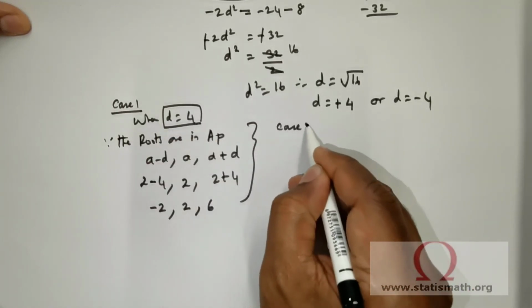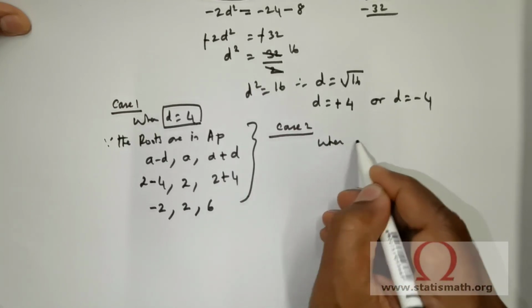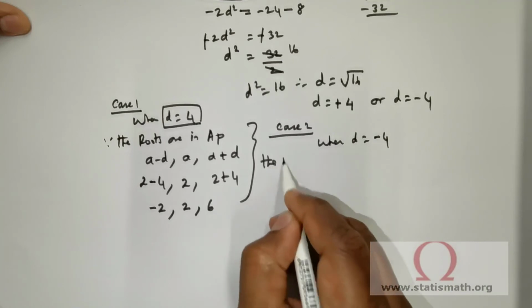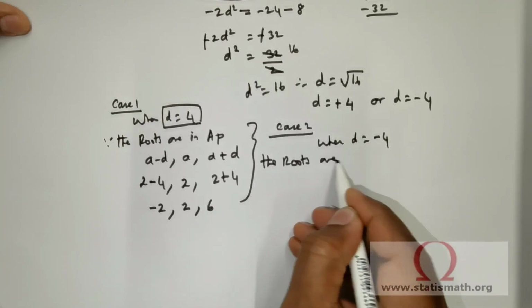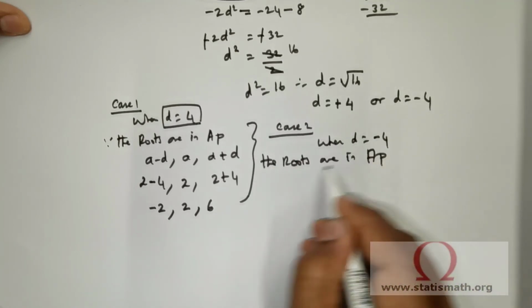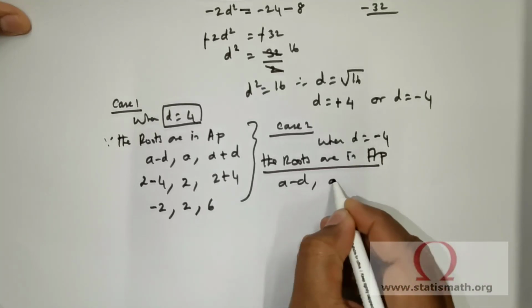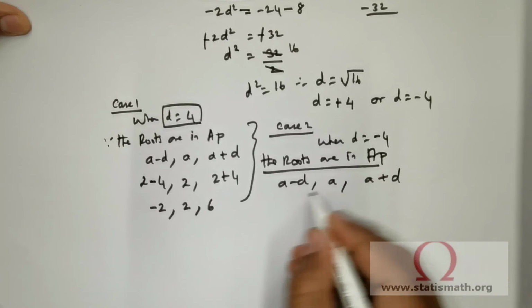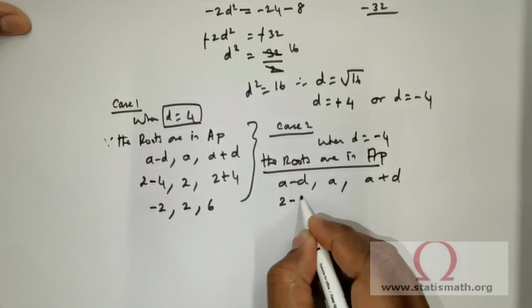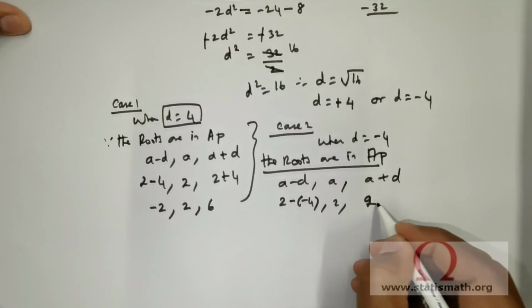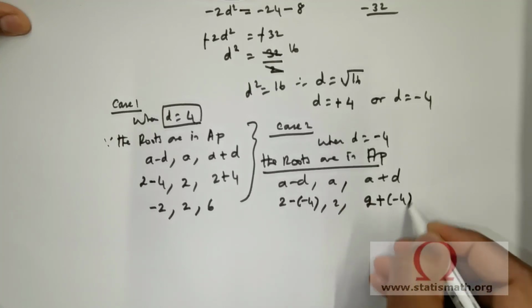Now case 2, when d is equal to negative 4. So the roots are in AP. You don't have to write this, but I'm just writing it for consistency. A minus d, a, a plus d. So 2 minus of negative 4, 2, 2 plus of negative 4.